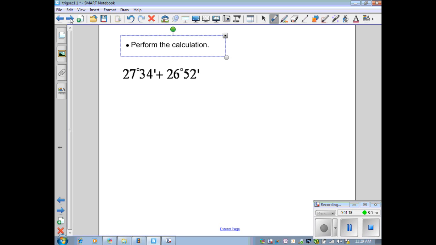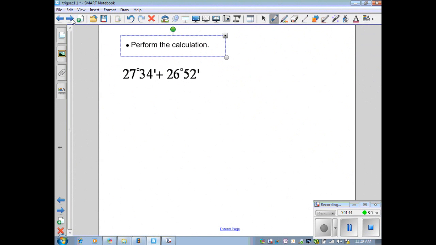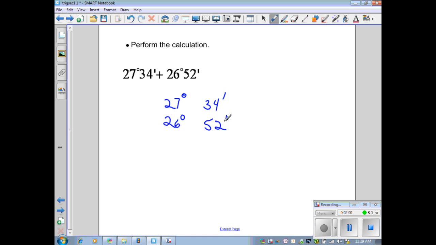This is the first one that we want to look at, which is to actually find the sum of 27 degrees and 34 minutes plus 26 degrees and 52 minutes. So let's see how we're going to do this. What we need to do is to stack these on top of each other, and we're going to find the sum.